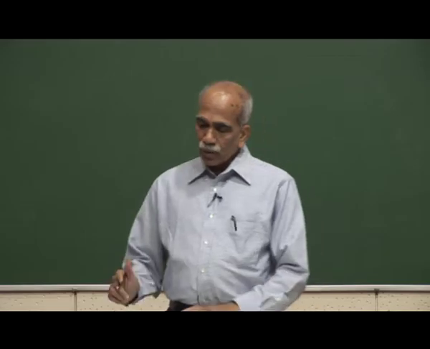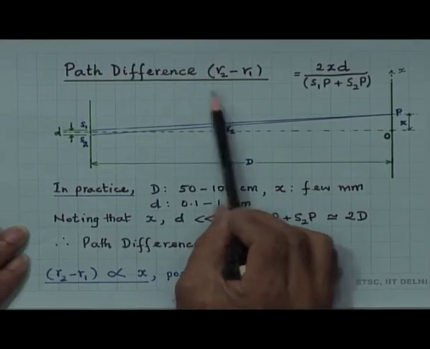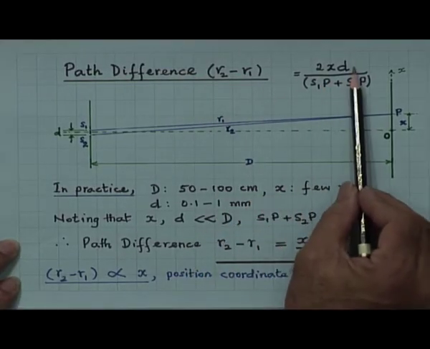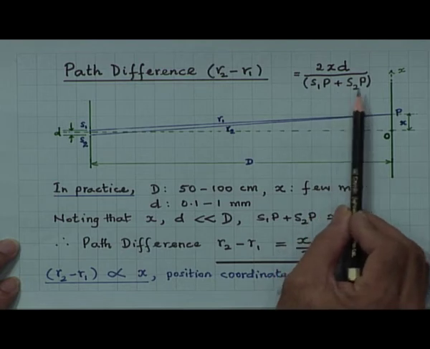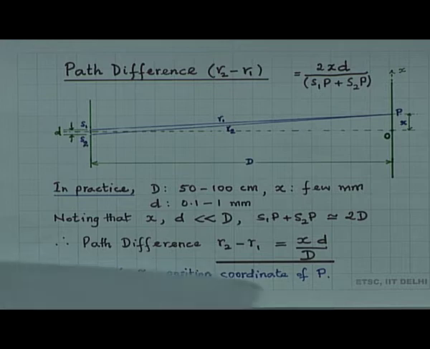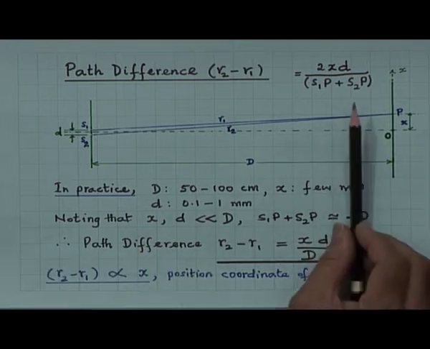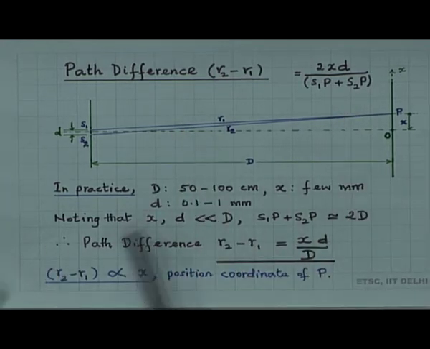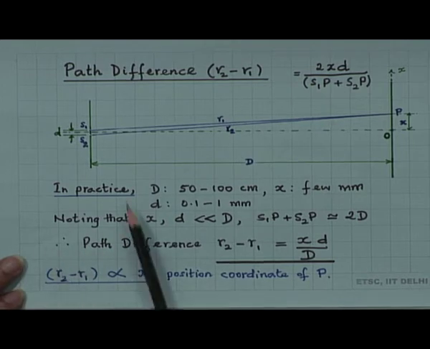So, the path difference R2 minus R1 is 2xd by S1P plus S2P. In a practical setup, one can determine this accurately, but we want to make a practical approximation.